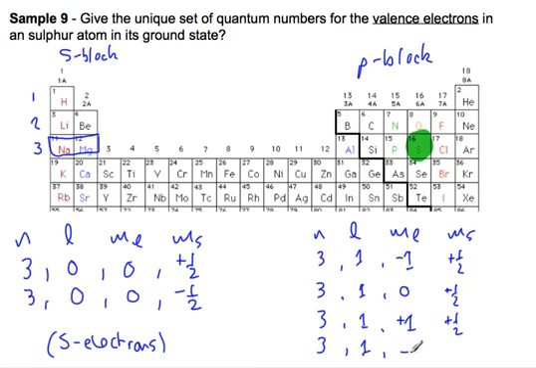Any one, doesn't really matter. I'm going to fill the -1 orbital. And so now that orbital's filled. And so now to have a unique set of quantum numbers between this first one and this 4th one, I have to have opposite spin. So this becomes -1/2. And so again, 6 sets of quantum numbers, each one unique, each one pinpoints a different electron, and that's sulfur.